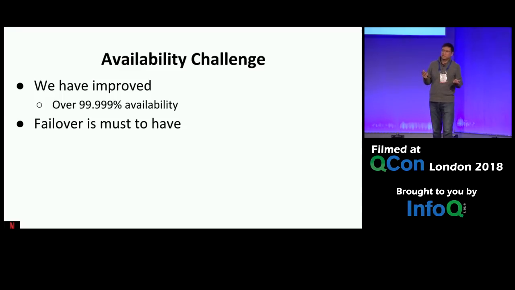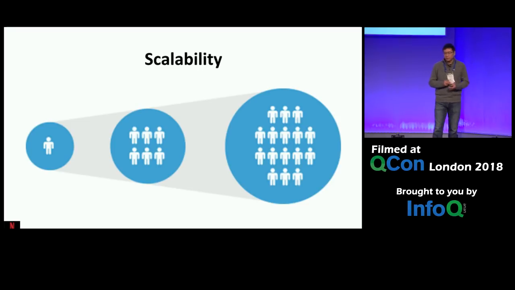We realized that Kafka as a stateful service can go into a bad shape, and it will be like a one-way ticket. So the only way to guarantee a high SLA is to do failover, and do that fast. So that's for availability. Our second challenge is scalability.